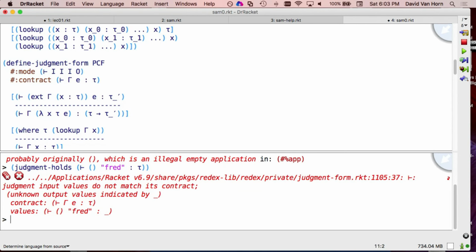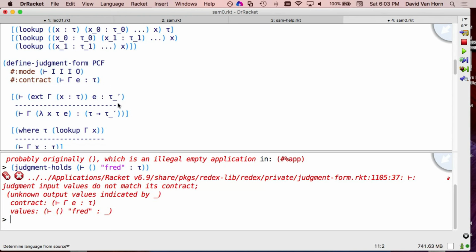But I get an error saying that this was the contract for that judgment, and this doesn't match that. Okay? And again, the contract is expressed as a pattern. So if you give it inputs that don't match these patterns, or it produced an output that didn't match this pattern, we get a contract violation, and it blames the right person, either the user of the judgment or the judgment definition itself.